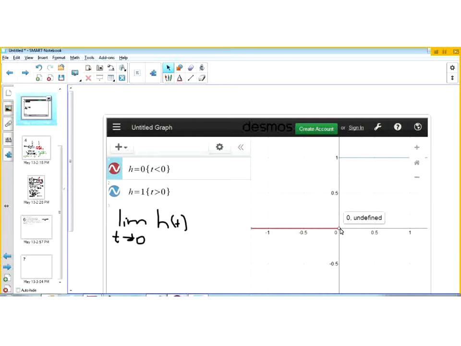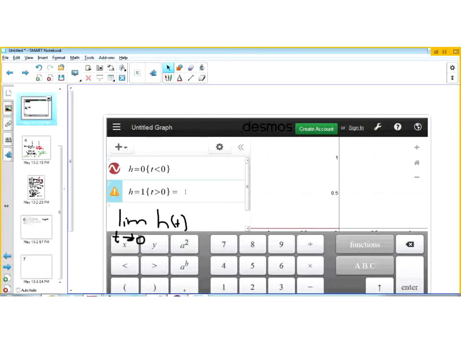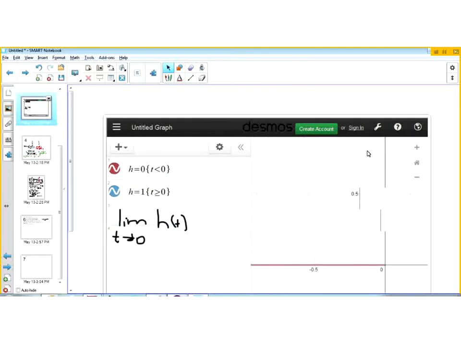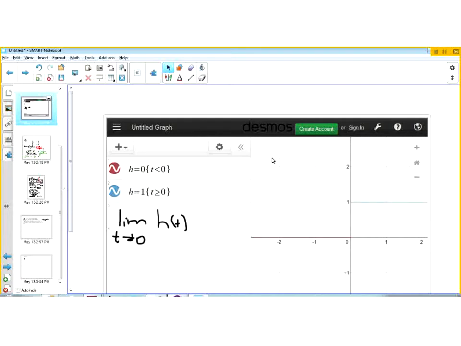Okay, and of course at 0 the output is undefined because, well, let's go ahead and define a value. Let me see if I can modify this. Will it let me? Okay, yeah, I think it'll let me. Okay, good. So, let me zoom out so I can see all of the graph.